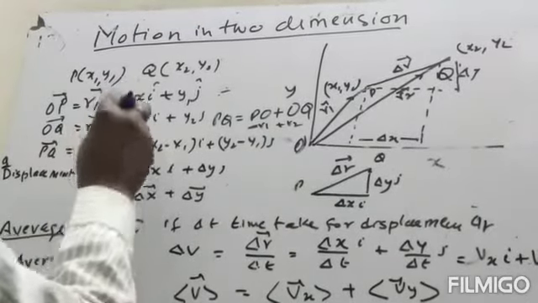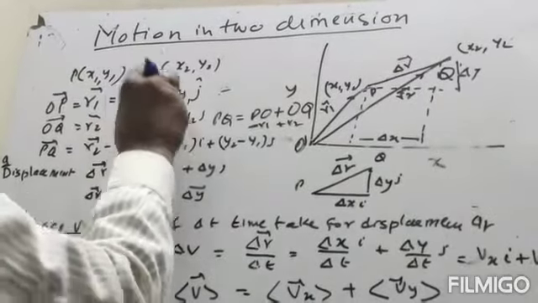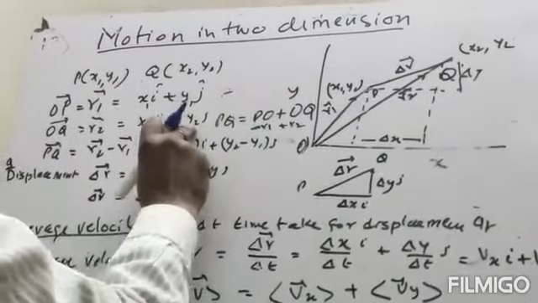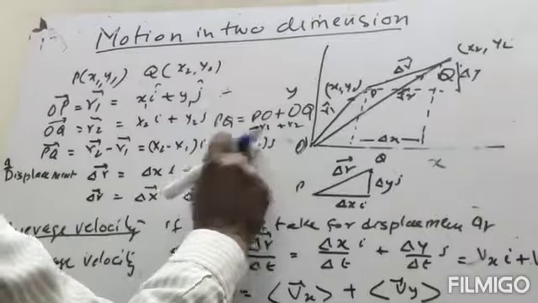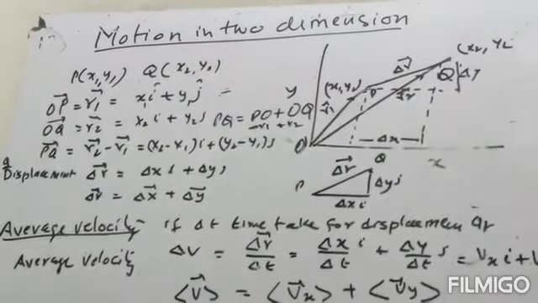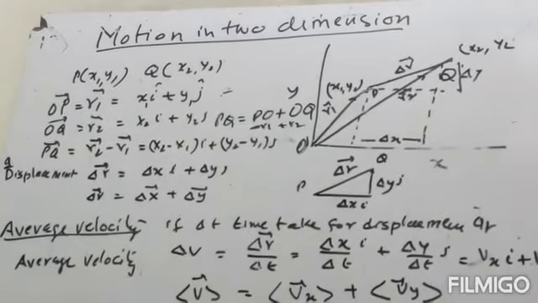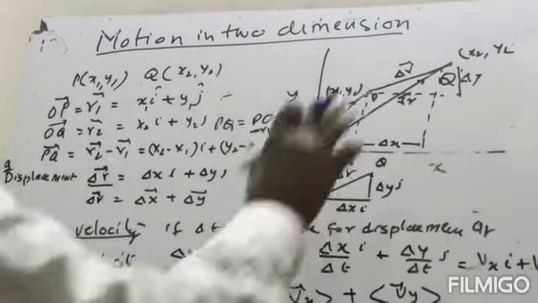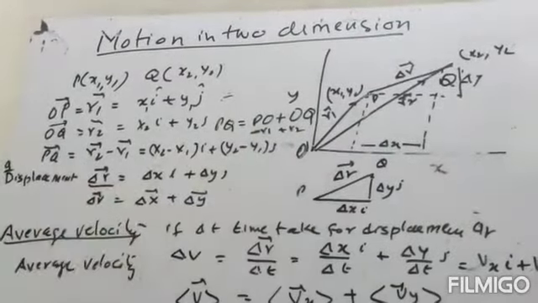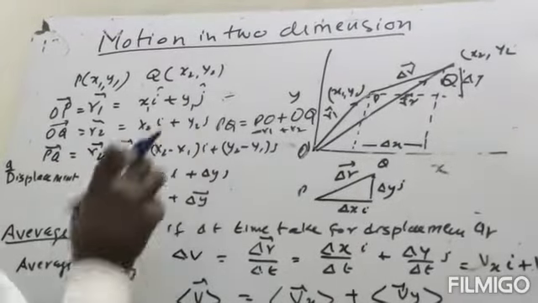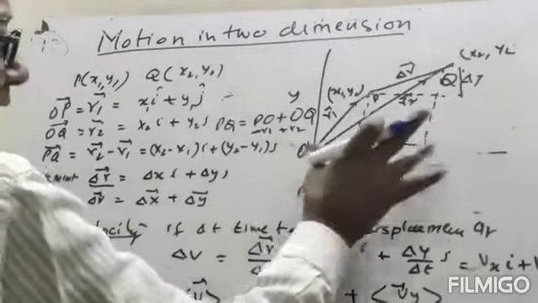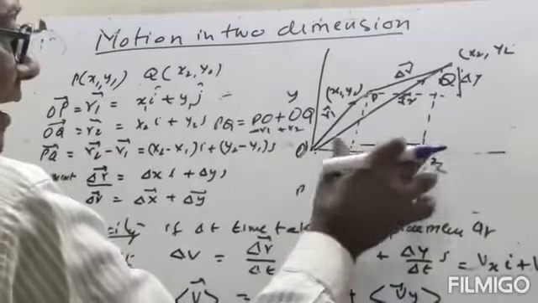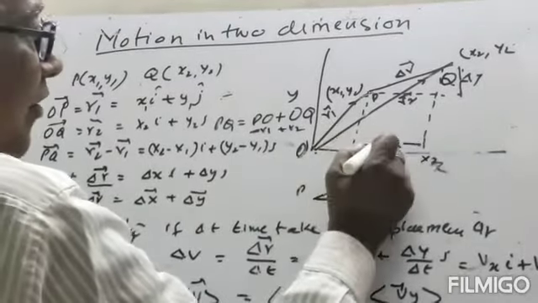Now we substitute the values of R2 and R1 in this equation. Then it will be (x2 minus x1) i plus (y2 minus y1) j. If we call the PQ vector the small displacement dr, then x2 minus x1 is the change in the x coordinate, and we call it delta x.